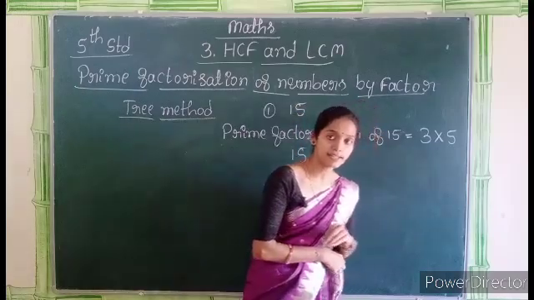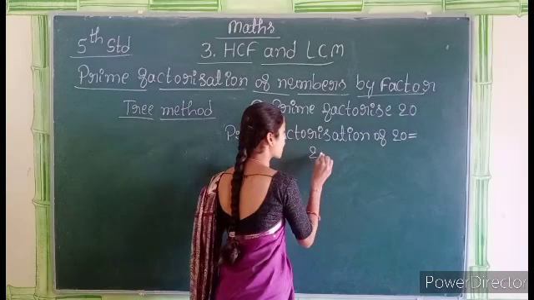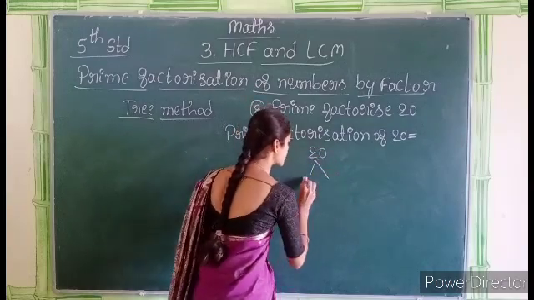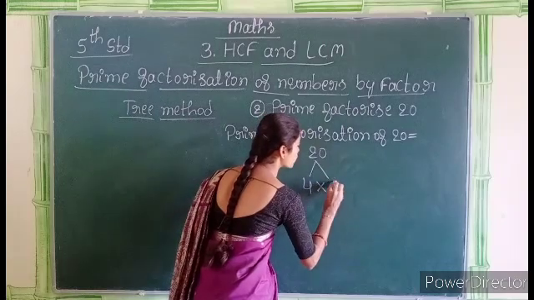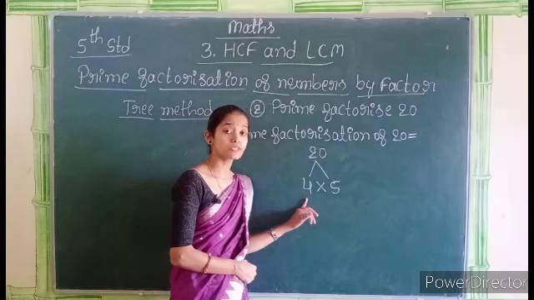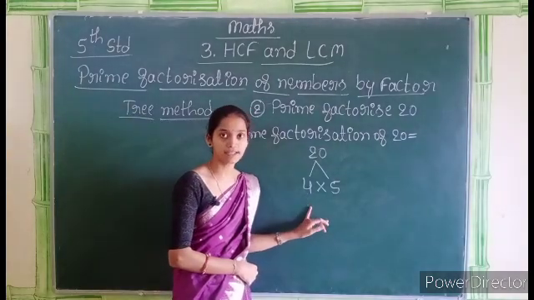Okay. Then let us see another example. Prime factorize 20. First we have to split this 20 into a pair of factors, that is 4 into 5. 4 is a composite number. Composite number means a number which has more than 2 factors.